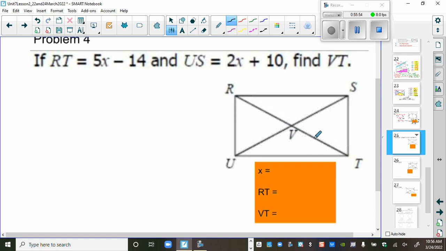This should have been find x, RT, then VT. They said VT is the ultimate goal. So the ultimate goal, we have to find VT, which is here. But before you get VT, you really need the entire distance, R to T.